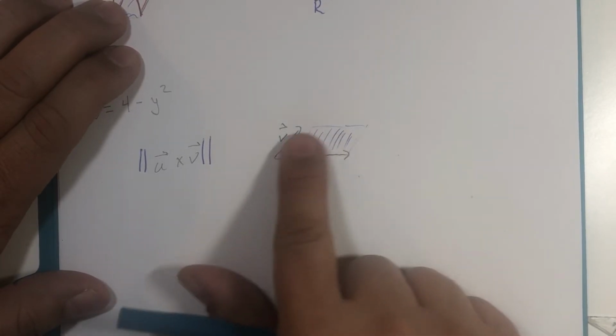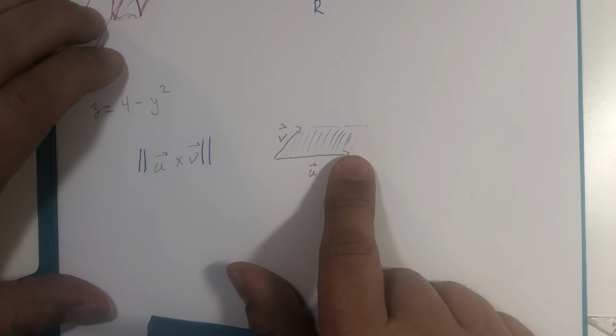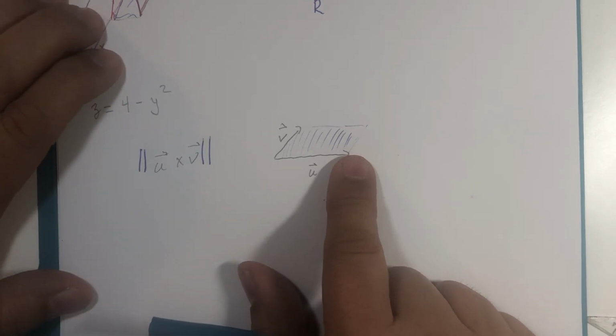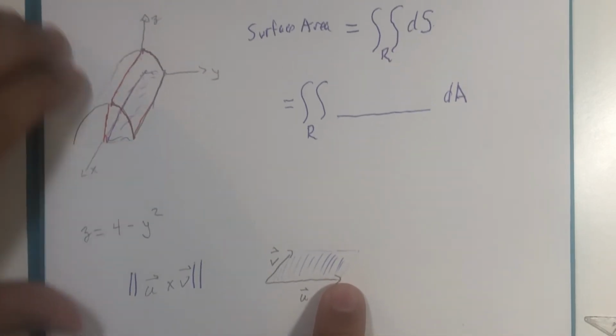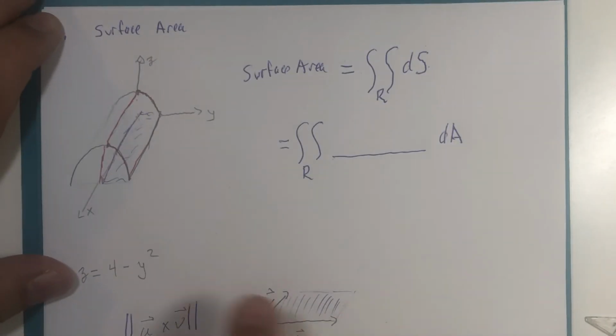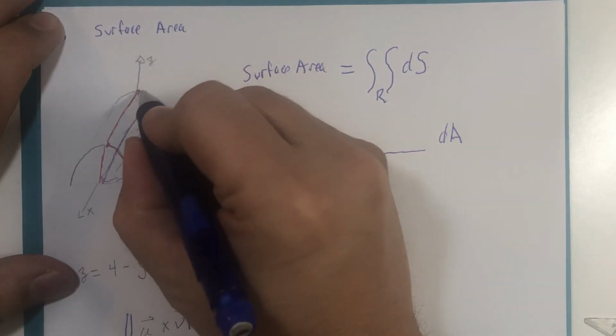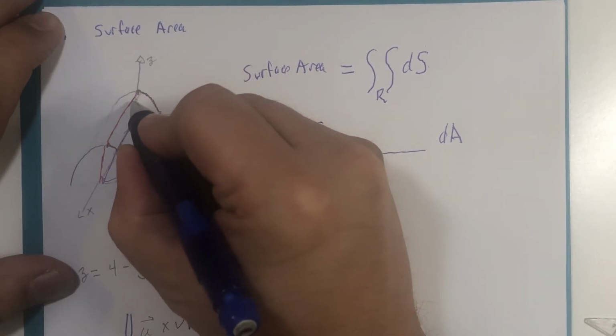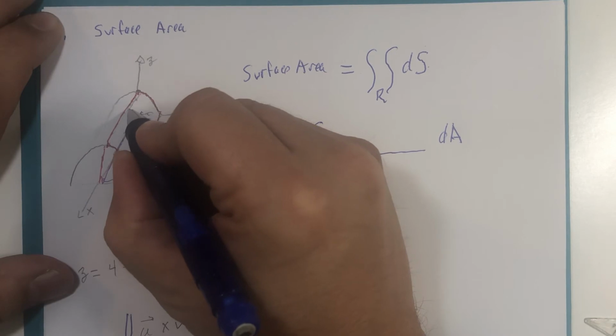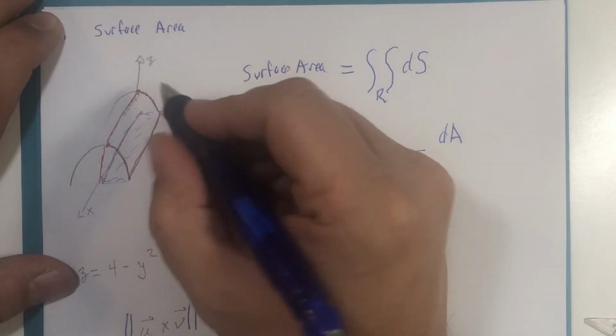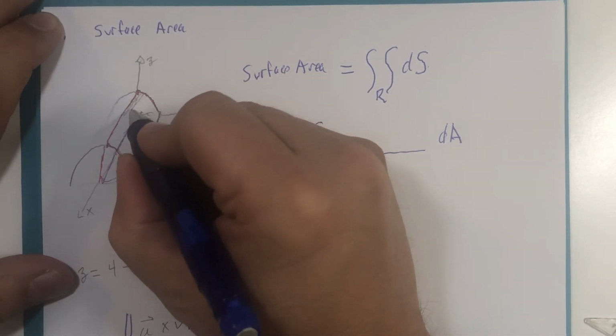So I want you to think of this parallelogram. Now, I want you to think of many of these parallelograms. If we were to go back to our surface here, let's suppose I were to take this surface and break it into many parallelogram portions.